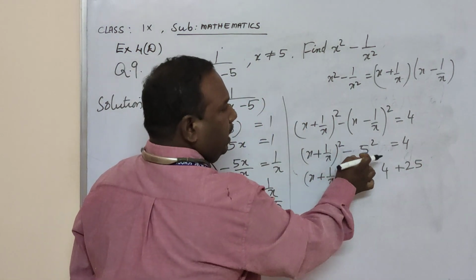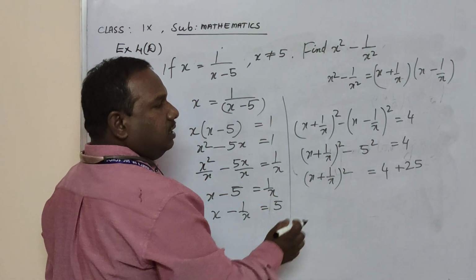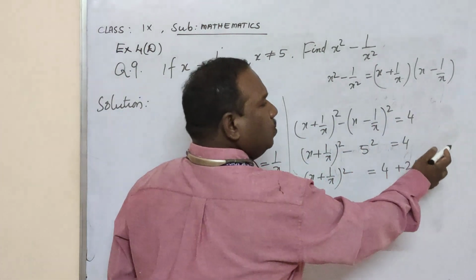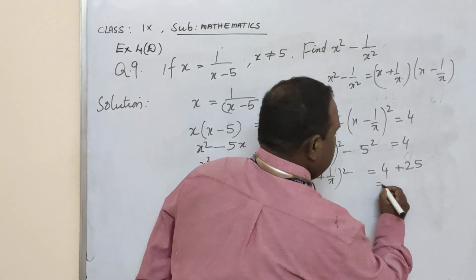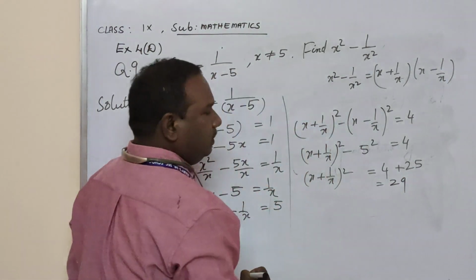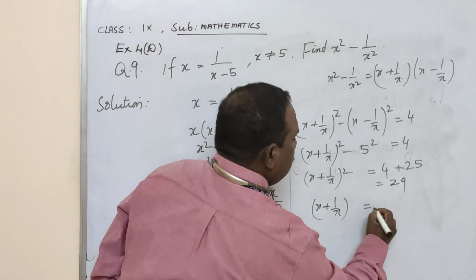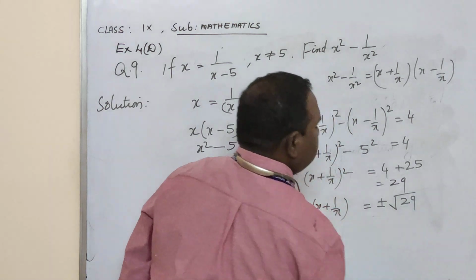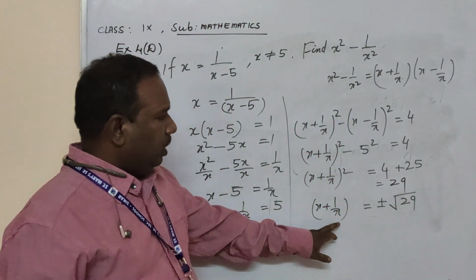Minus 5 whole square, this 5 square is 25. When it is taken to RHS, it becomes positive. After adding, we are getting 29. Now, x plus 1 by x is equal to plus or minus root 29.